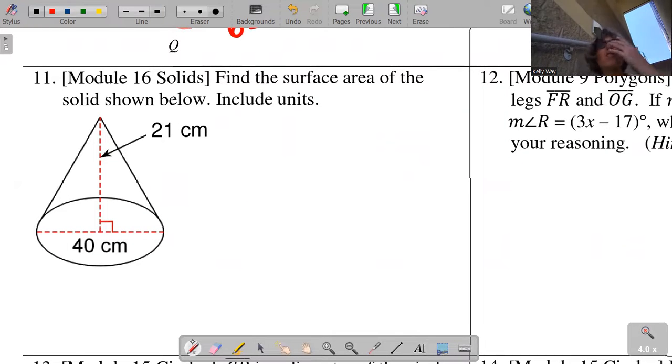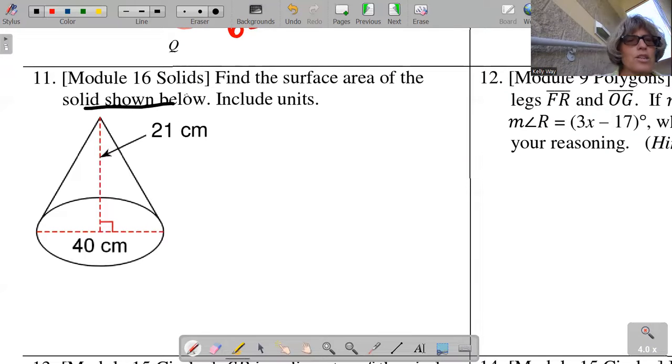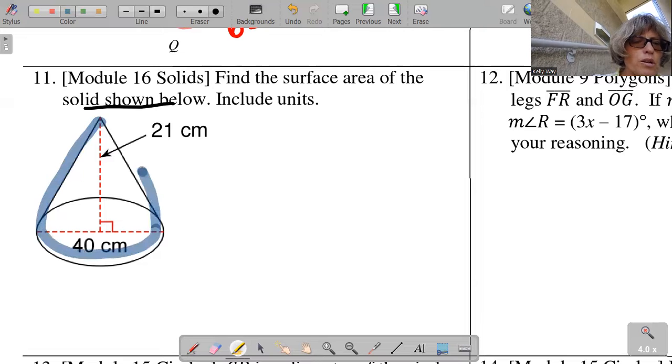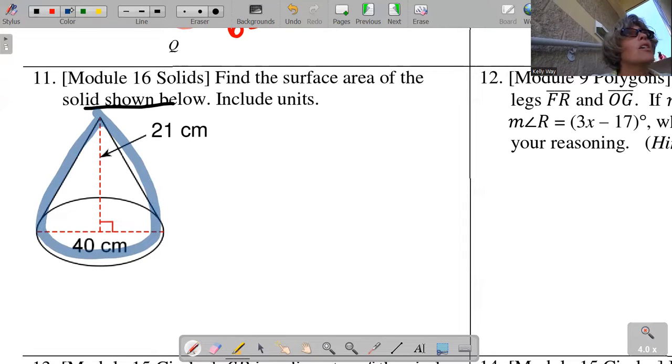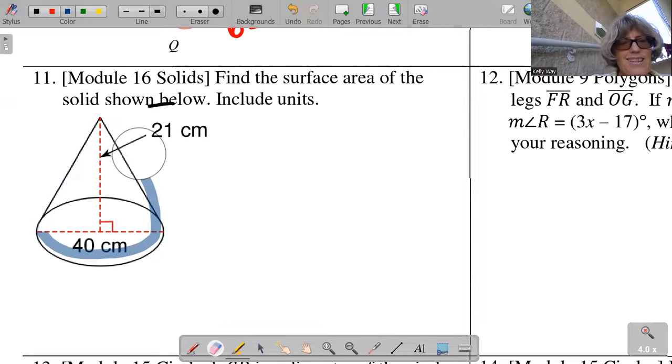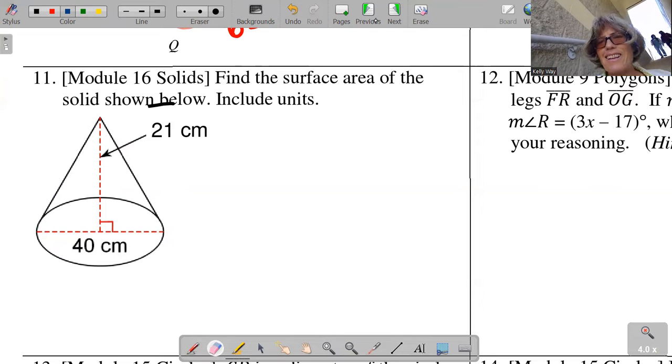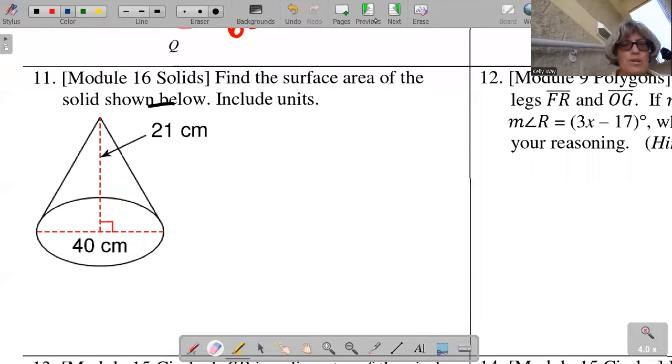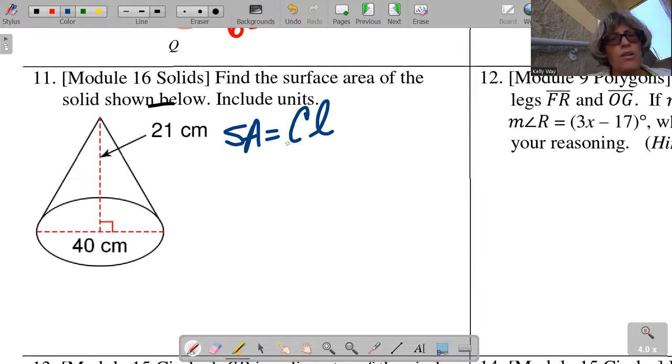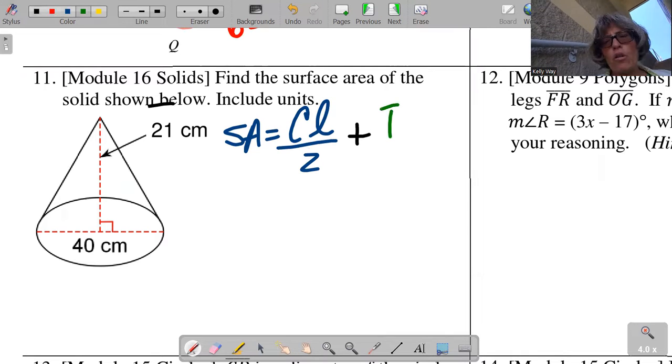We got a cone here. So we're going to find the surface area, complete solid, and that to find the wraparound piece, which is think of it as the paper cone. So the surface area of a cone is circumference times slant height over 2 plus the area of one base.